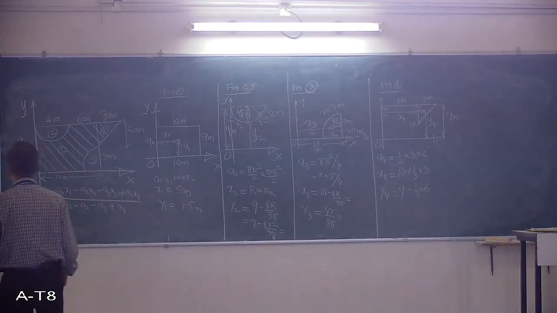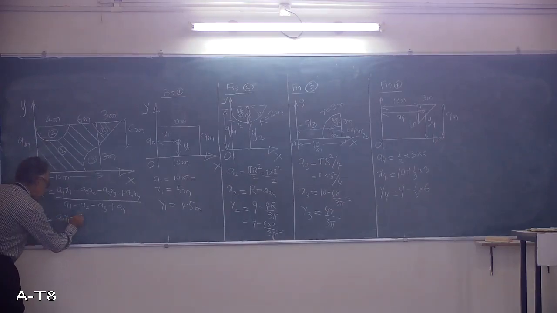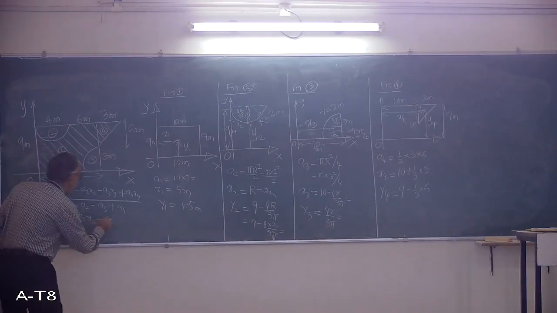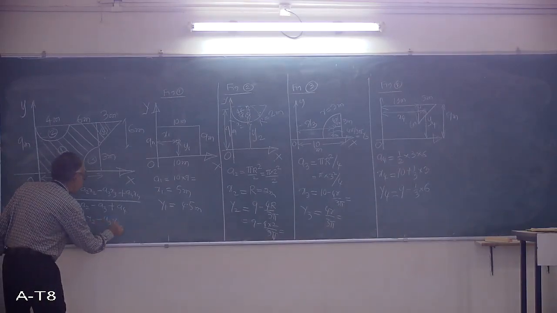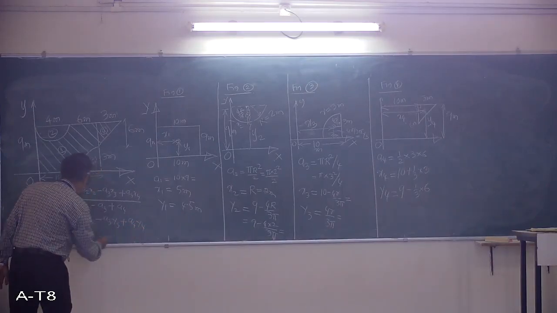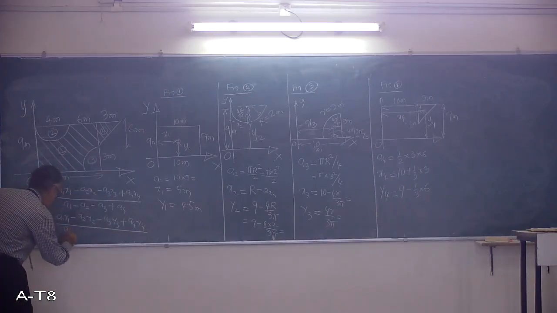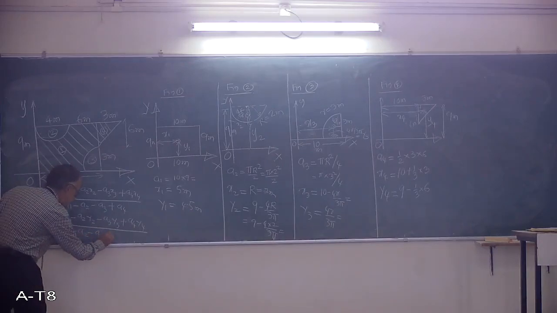Similarly, if I write the value for y bar, A1 y1, once again minus A2 y2 minus A3 y3 plus A4 y4, divided by A1 minus A2 minus A3 plus A4.